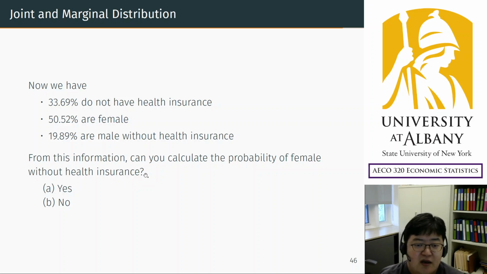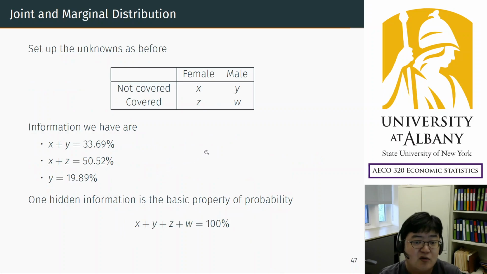Okay, so let me give you the answer. The answer is yes. We will look at the same problem this way. There are 4 unknowns and there are 3 pieces of information.